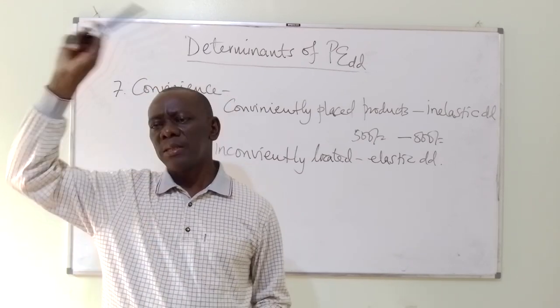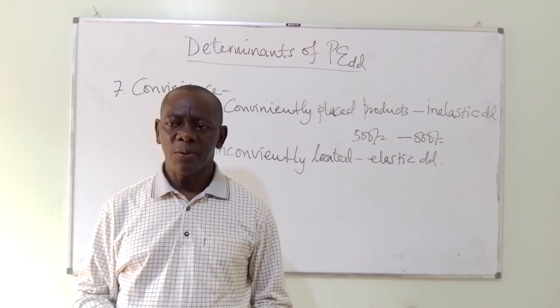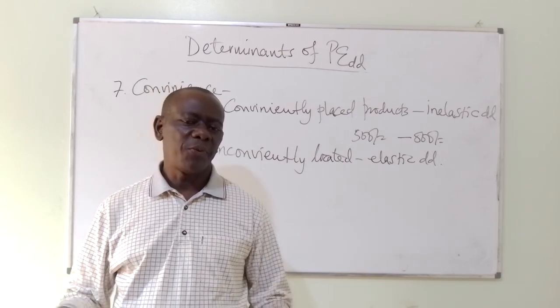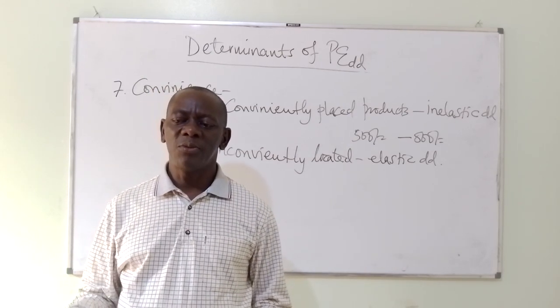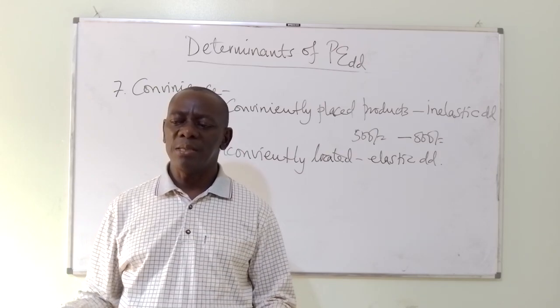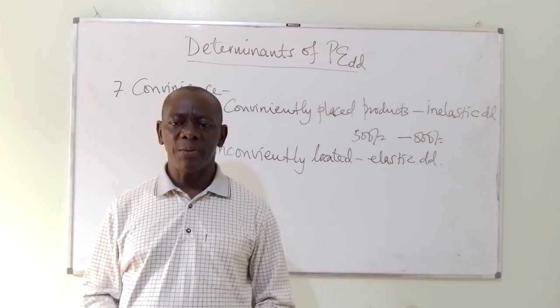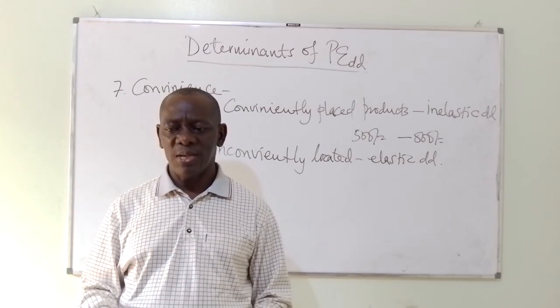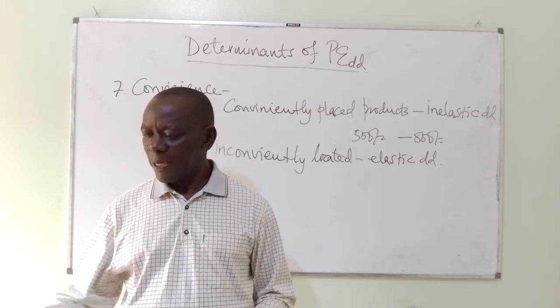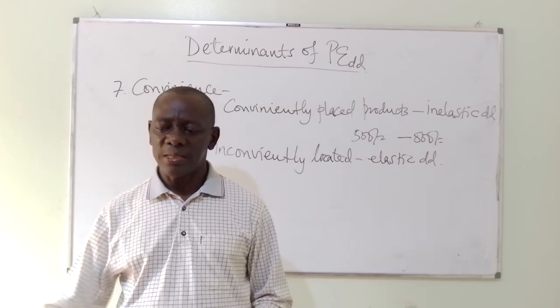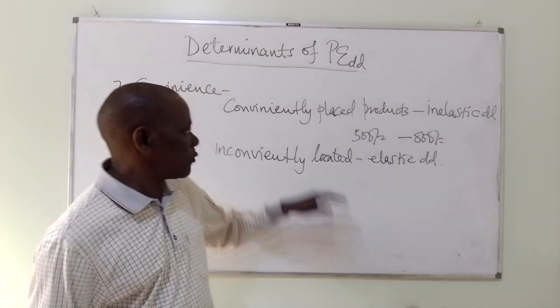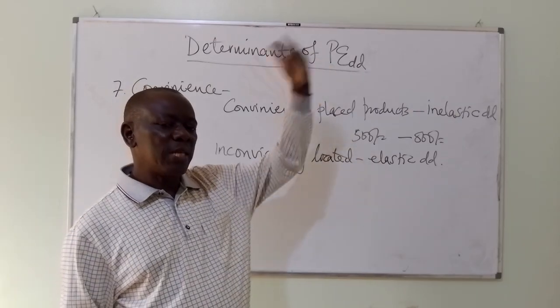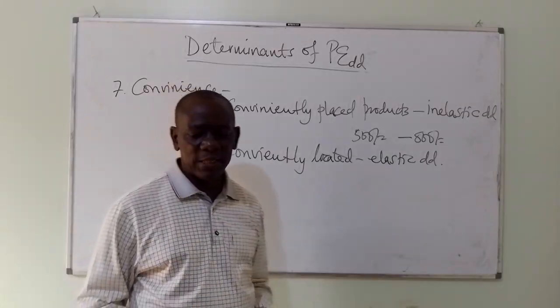You put your restaurant at a storage building on the 4th floor. Not convenient. What you have to do, if you want the consumers to come, is lower the price. But if one thinks of climbing and going down after eating, he says, no, let me take this food at the ground floor. So those which are inconveniently located tend to have elastic demand.